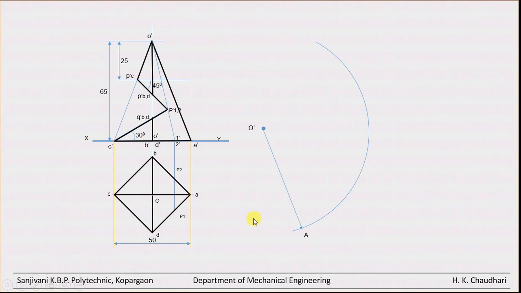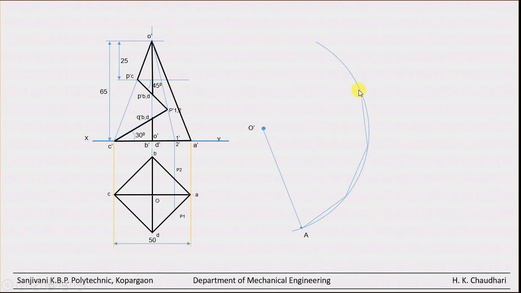Now the distance we don't know here, but with the help of a compass we can measure this A to B distance in the compass, cut here and draw the line segment. Okay, similarly another.